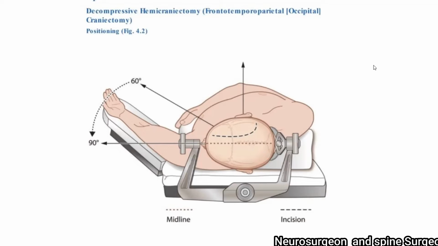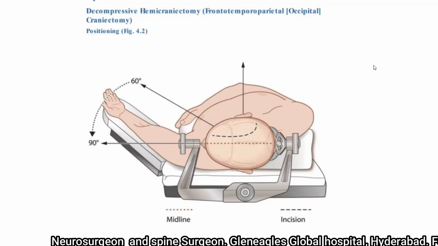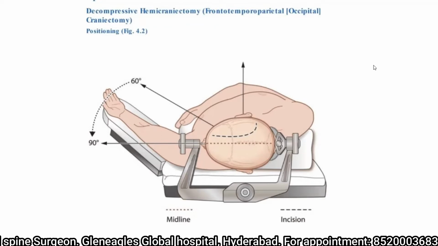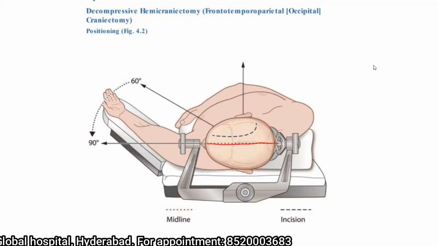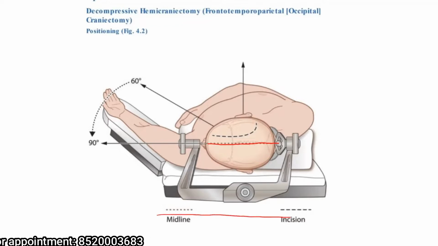So here I have shown a 3-pin headrest. Most important is you rotate the head to the opposite side. It's preferable to rotate the head in such a way that the midline of the head, as shown in the picture, is parallel to the ground, parallel to the table. So this is our operating table.